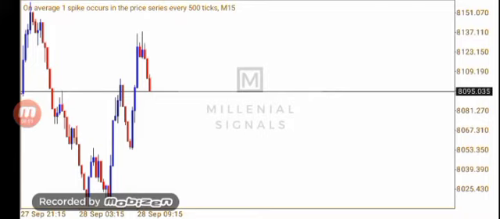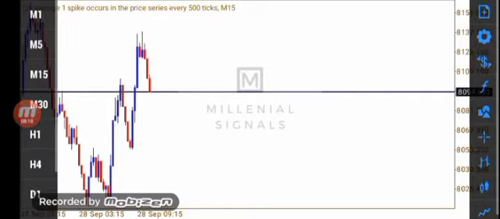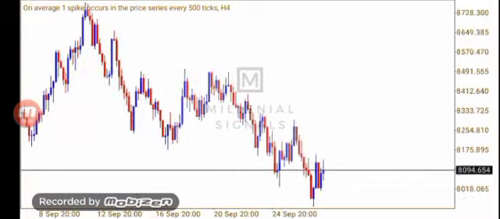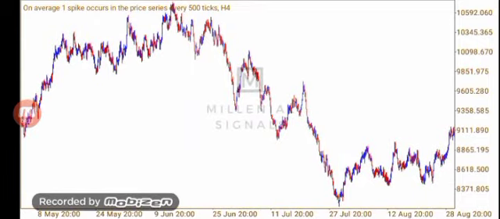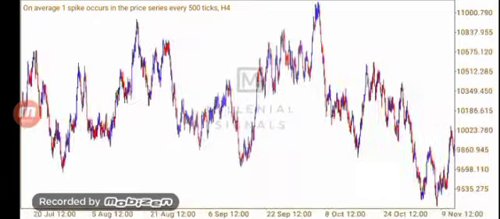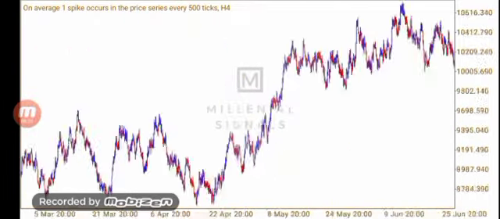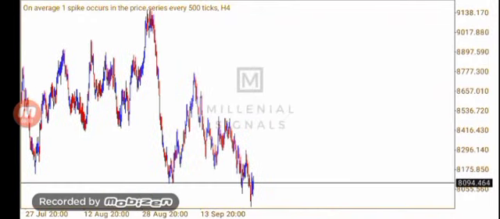So how do I define my area of support and resistance? Here now, I go on my higher time frame and I try to zoom out. So I scroll backwards to help me with the obvious areas.